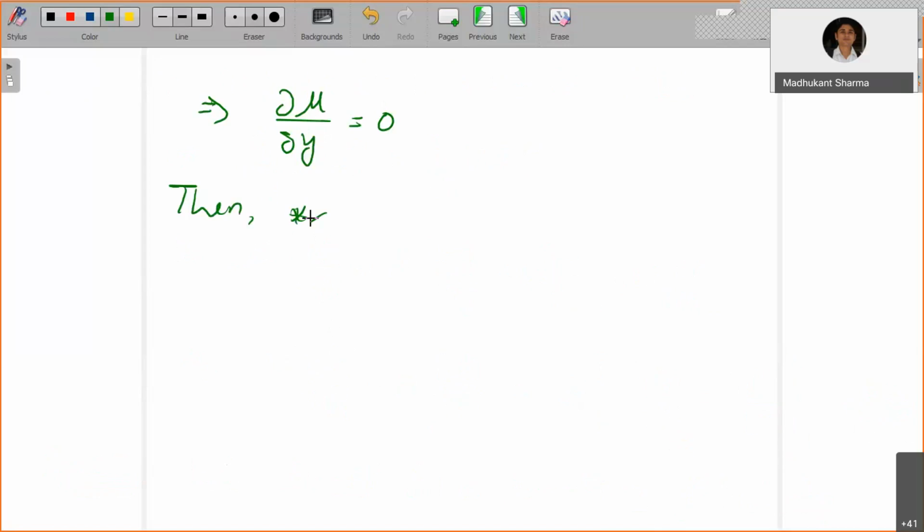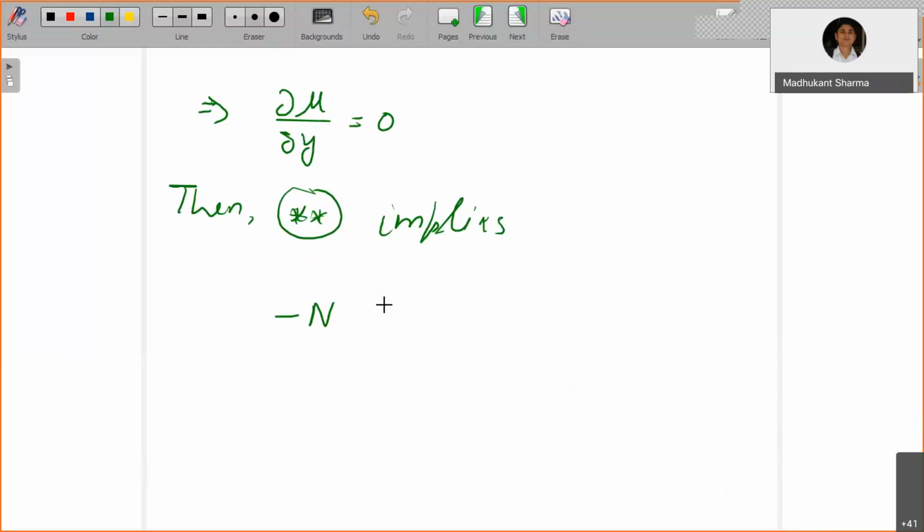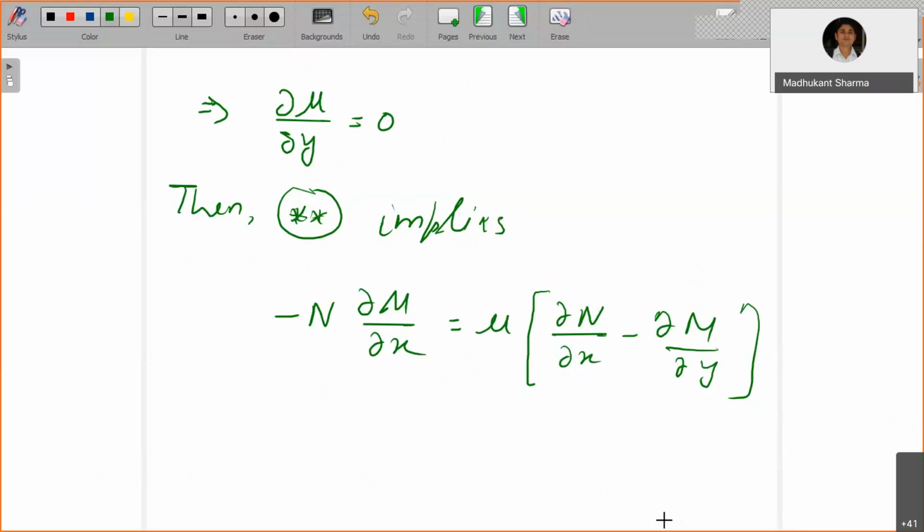So double star implies minus N dou mu by dou x equals mu times (dou M by dou x minus dou M by dou y). Now, since mu is a function of x only, I can replace dou mu by dou x with d mu by dx, because the partial and total derivatives are the same in that case.